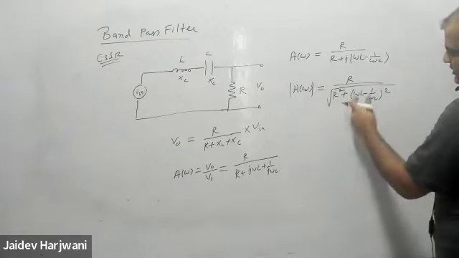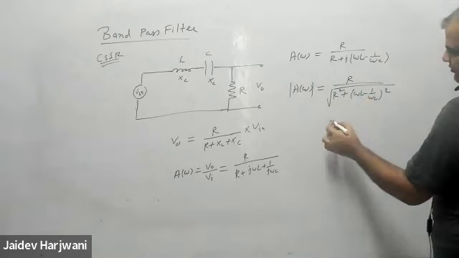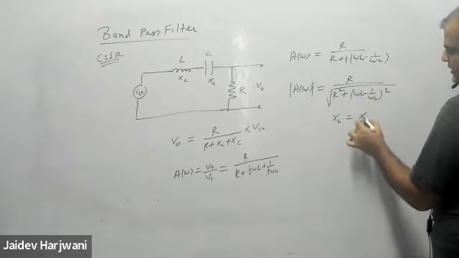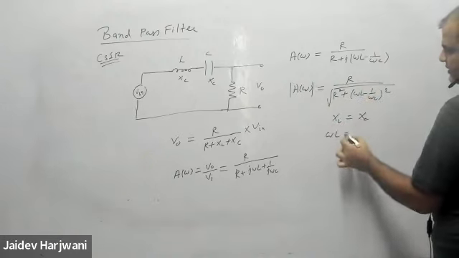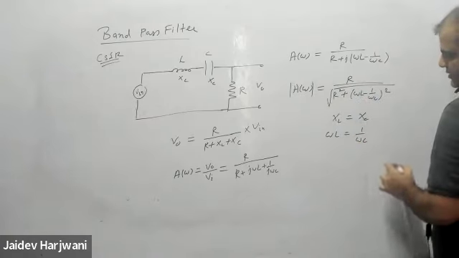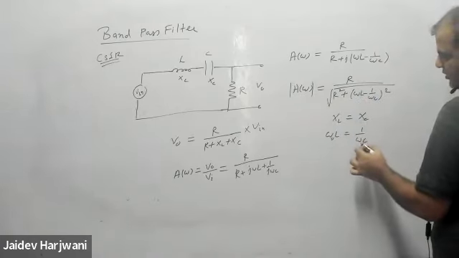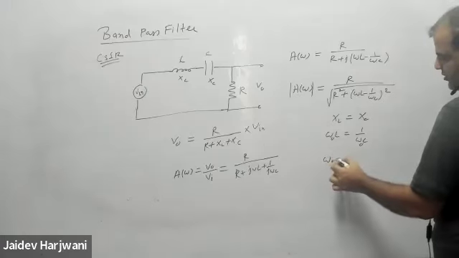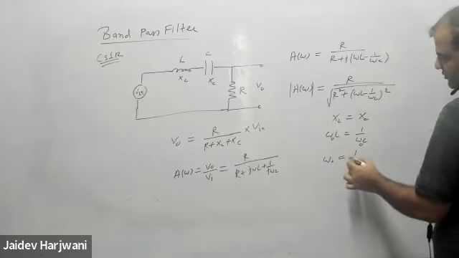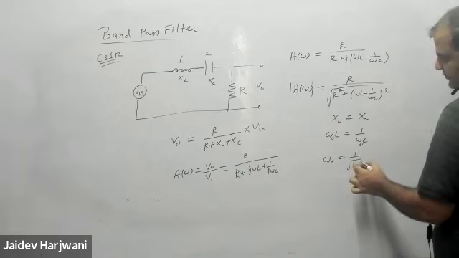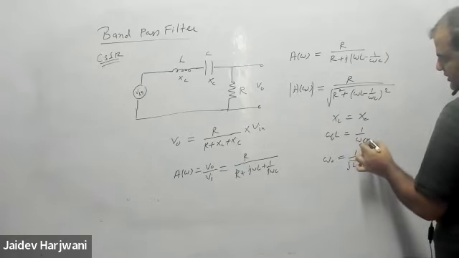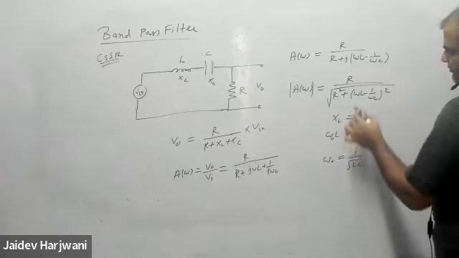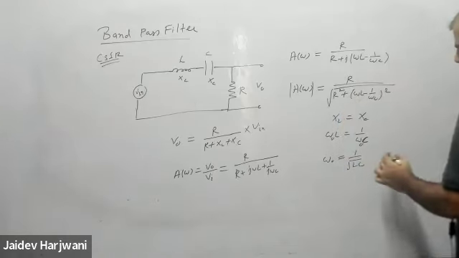Now if I check this one, okay, if XL is equal to XC, that is omega L is equal to 1 by omega C, say at some frequency omega naught, where omega naught equals 1 by under root LC, what will become? This gain will become 1.